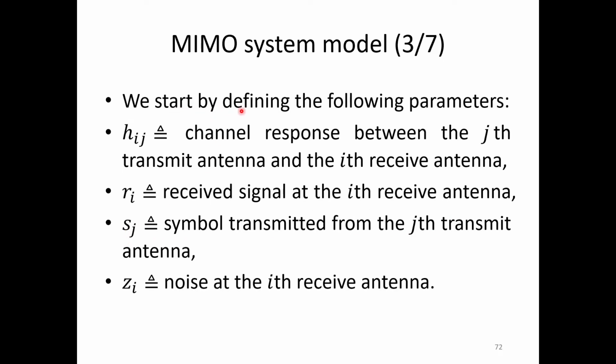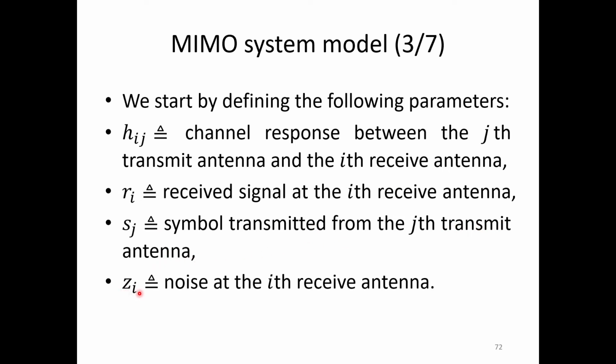We start by defining the following parameters. Hij is defined as the channel response between the jth transmit antenna and the ith receive antenna. Ri is defined as the received signal at the ith receive antenna. Sj is defined as the symbol transmitted from the jth transmit antenna.